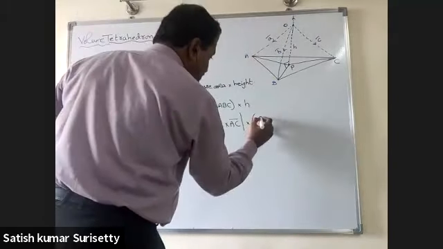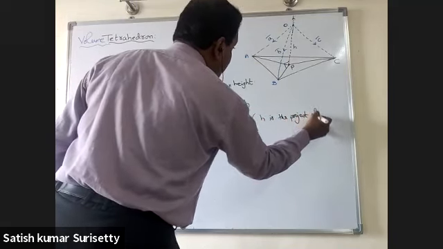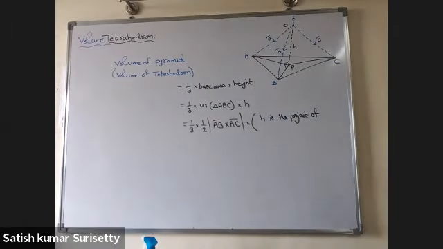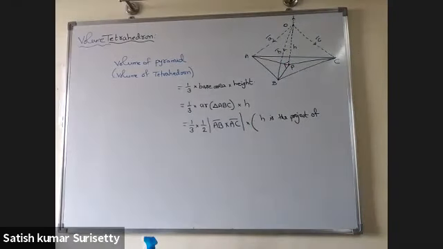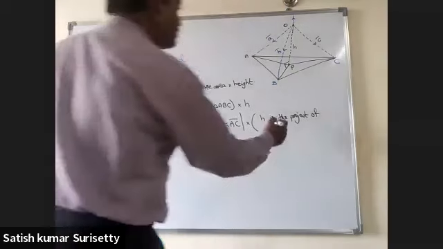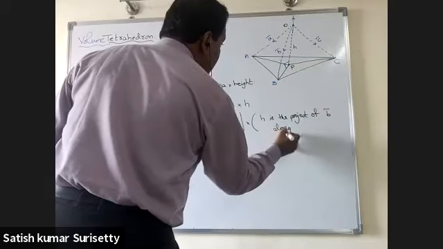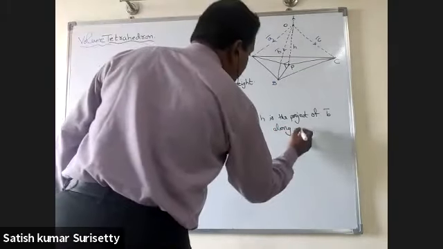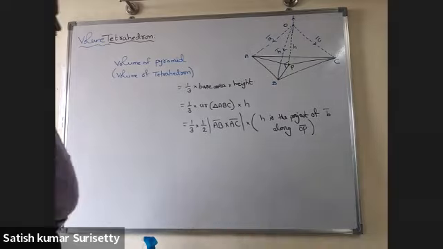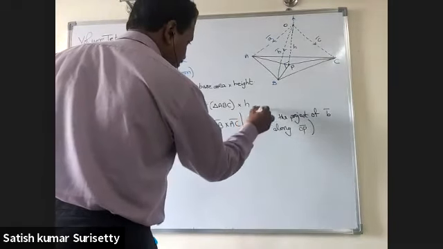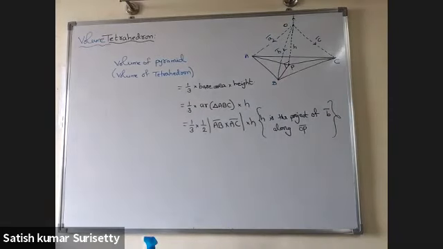Height, that is H, is the projection of B bar along OP bar, because this is three-dimensional, so this will be a right angle triangle OPB.